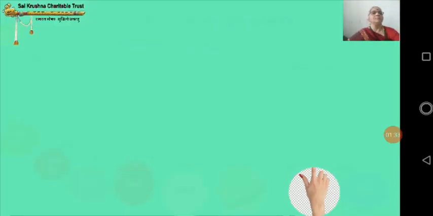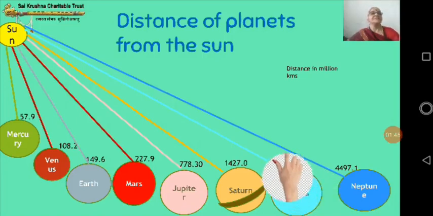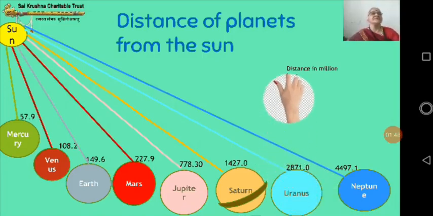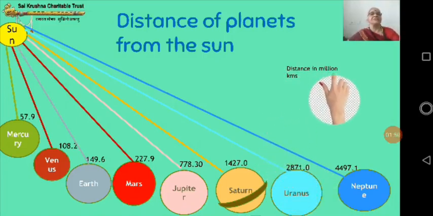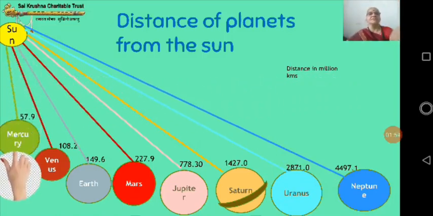Here we go. Look at this picture. This has been drawn for you so that you understand clearly the planets. You can see here the distance is written in million kilometers. So we have shown you the sun here. This is Mercury, saying that is 57.9 million kilometers away from the sun.